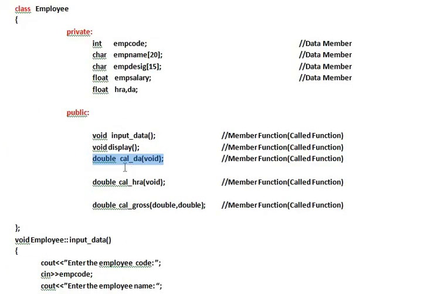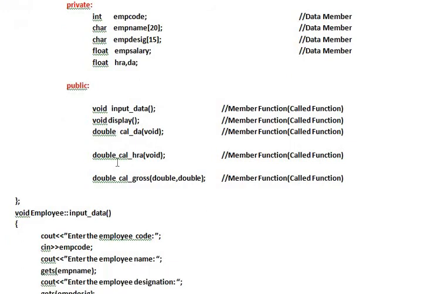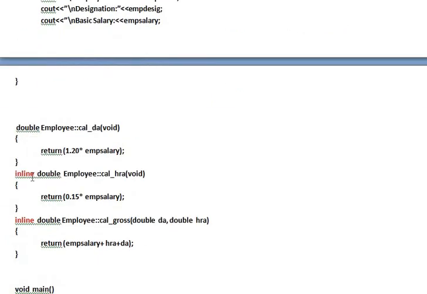So for this member function, at first declare the return type double followed by the name of the class, which is Employee. So double Employee, and then put the scope resolution operator, which is double colon. So just write double Employee double colon.